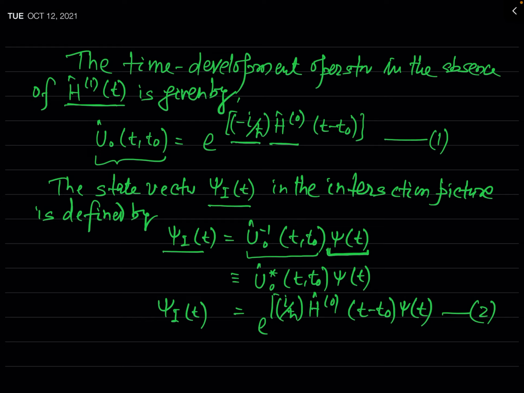Now we will also define the operator in the interaction picture in terms of the operator in the Schrodinger picture. So again, A hat I of t, how is this defined? You have also seen this definition earlier in the Schrodinger picture.